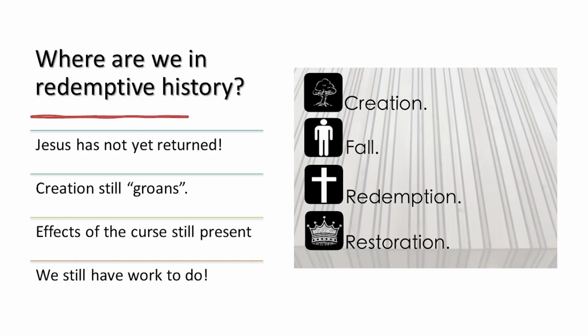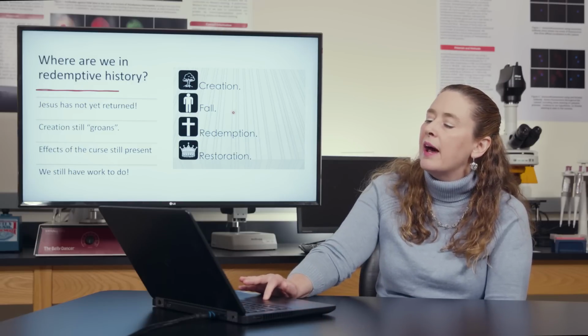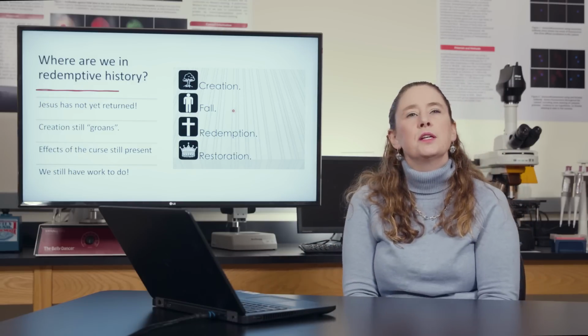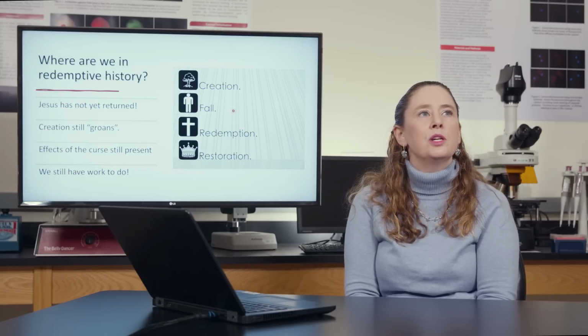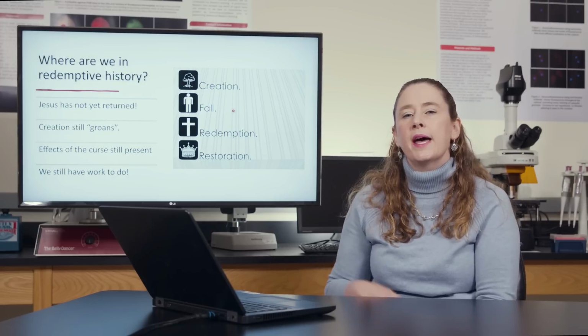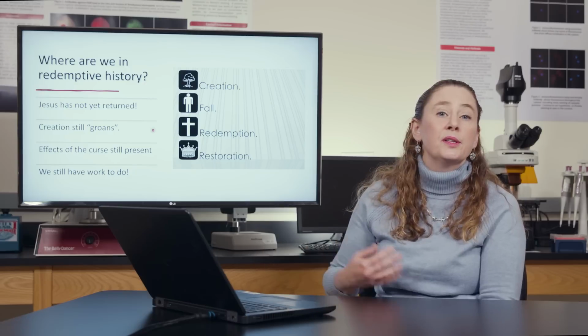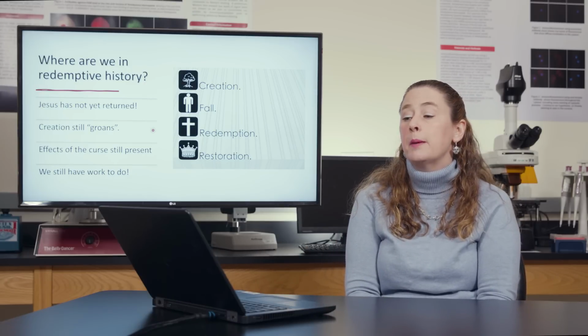He hand created Adam and Eve, and he proclaimed and pronounced everything good. But since the fall of man, we have the curse. And ever since the curse has been pronounced on creation, creation is subject to decay. Or as Romans says, creation still groans. The effects of the curse are definitely still present, and we experience them every day.